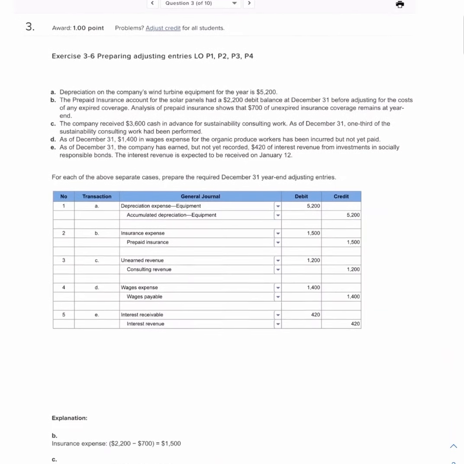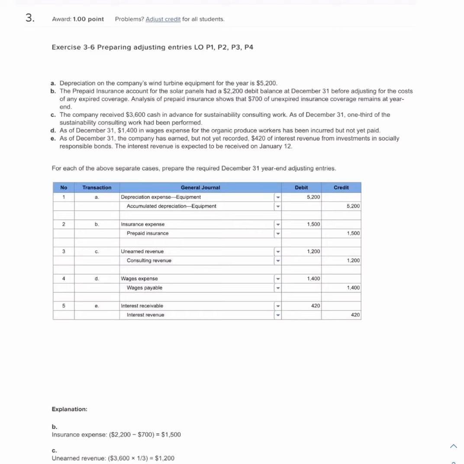So in question number 3, we're going to be preparing more journal entries. In this case, it is just, once again, more adjusting entries. So we'll go through this one a little bit quicker. I'll just jot the rules down here at the bottom, talk through them very quickly, and then we'll move on to number 4. So we said the very first rule was at least one income statement account.